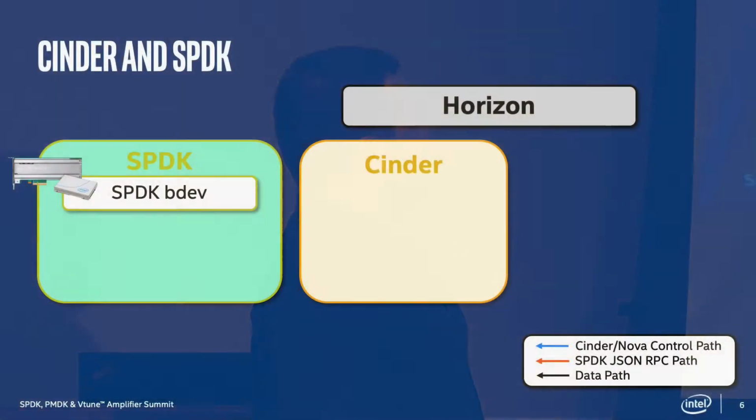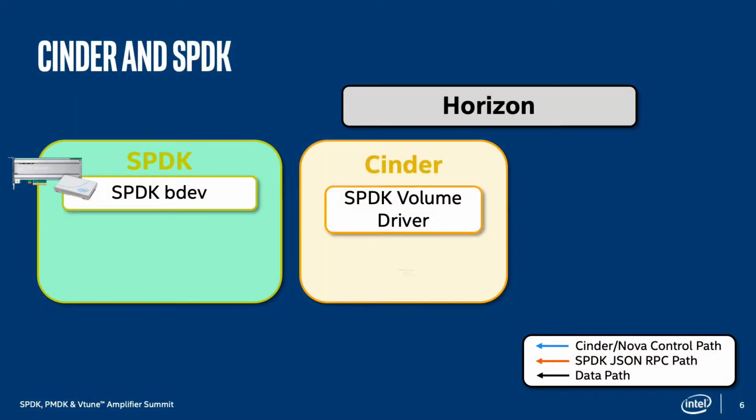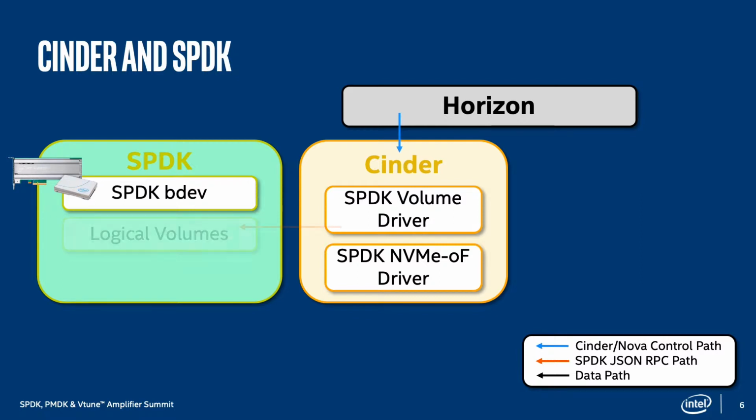Let's talk a little bit about what was done to achieve that. We created two new drivers within Cinder: the SPDK volume driver and the SPDK NVMF driver. The first is used to manage all operations on volumes and snapshots, to create volumes and provide them.